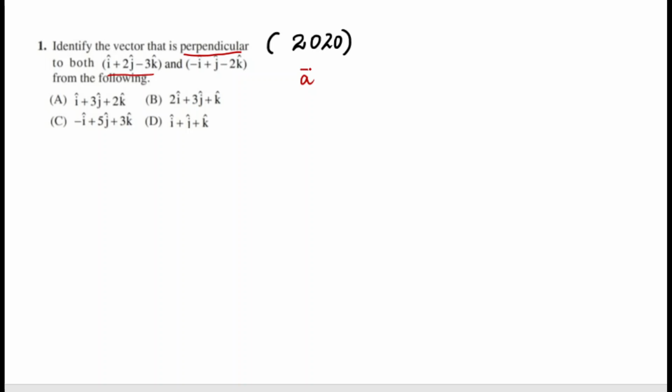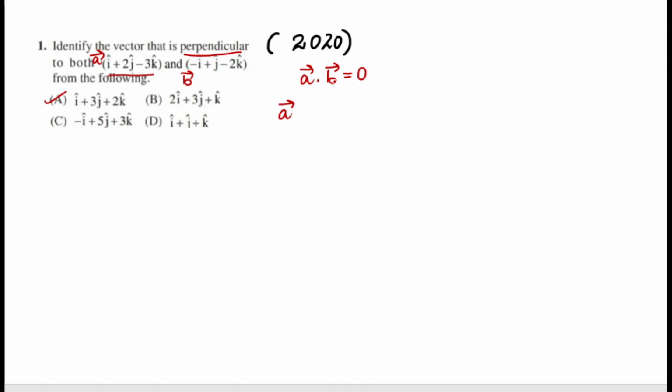Now a vector dot b vector should be equal to 0. Let us consider this vector to be a vector and this vector to be b vector, and whatever vector we are taking, that vector to be c vector. Let us start with the first option.